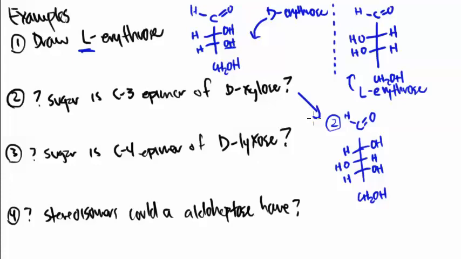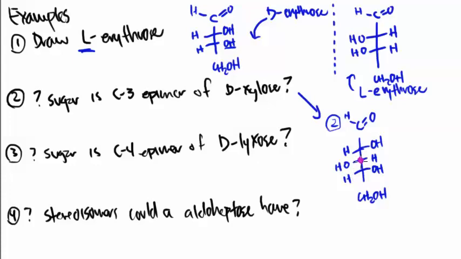So we want to know what sugar is the C3 epimer of that structure. Alright, so let's take a look at where the C3 epimer is at. So here's carbon number 1, carbon number 2, and carbon number 3. So this is the C3 epimer that's important. Okay, so I'm going to draw that in a different color.